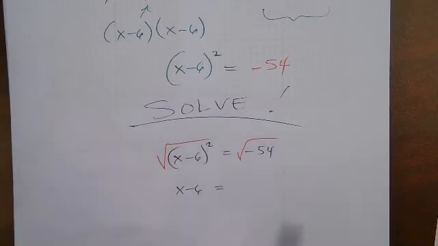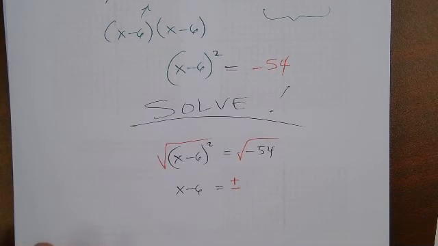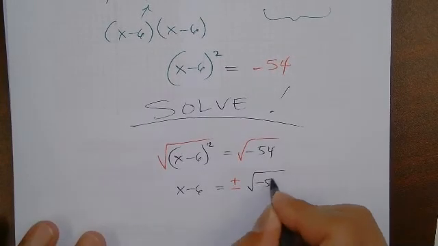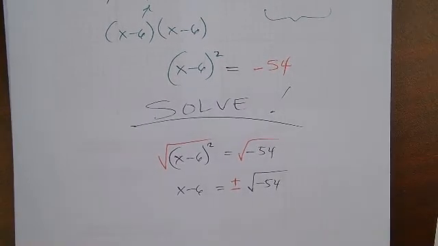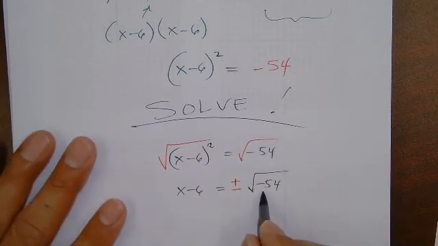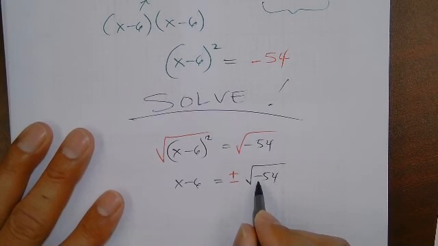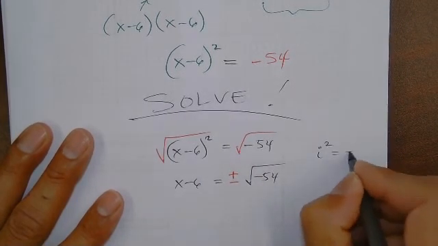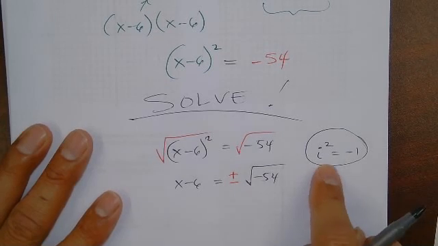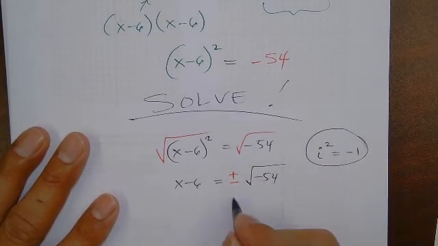We're going to take the square root of both sides. That's going to be x minus 6 is equal to plus minus, nothing's going to tell you, you have to know, the square root of negative 54. Anybody remember what we do with the negative?